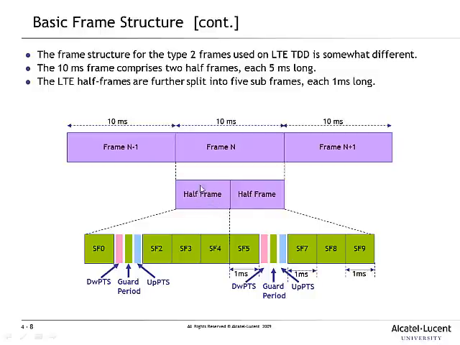Within a half frame we have essentially 5 subframes, but one of the subframes is used for signaling purposes. It's used to transmit the downlink pilot, and there's a guard period followed by transmission of the uplink pilot signal. Remember, the downlink pilot and the uplink pilots are used to estimate the channel quality, which is a very important aspect of OFDMA based systems.